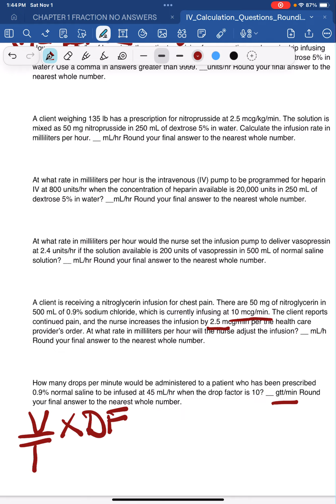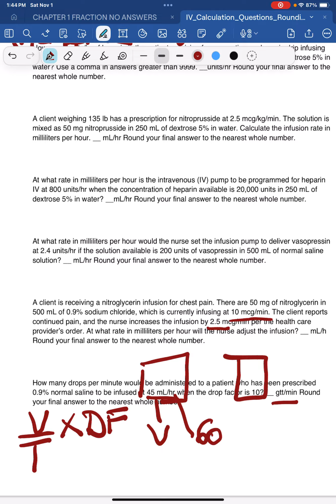Now, if you read the problem, you will see that the infusion is running at 45 milliliter per hour. So anytime they give you milliliter per hour and then the drop factor, the volume you're going to use is the volume right there with your infusion rate, and the time is going to be 1 hour. But because we are looking for drop per minute, you have to convert that to minutes, which is 60.